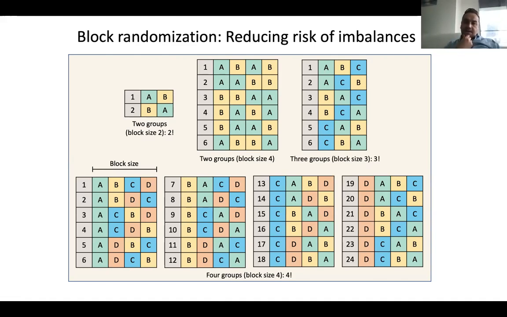You know how it works. You may guess this last allocation. And you can see how complex this is going to be, because for 4 groups and a block size of 4, there are 24 different possibilities of blocks to be allocated, right?